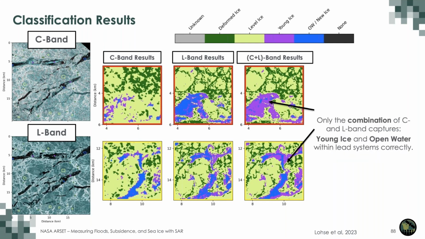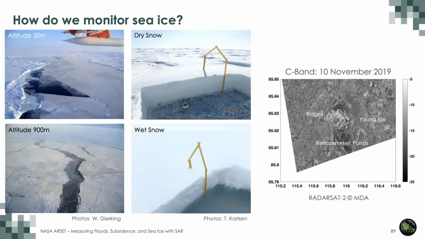And only the combination of C and L-band can fully capture the young ice and open water within lead systems correctly. So yeah, how do we do this? Well, we go from the images or the information we've learned about how the SAR interacts with the sea ice that we can observe from planes or from in situ campaigns.